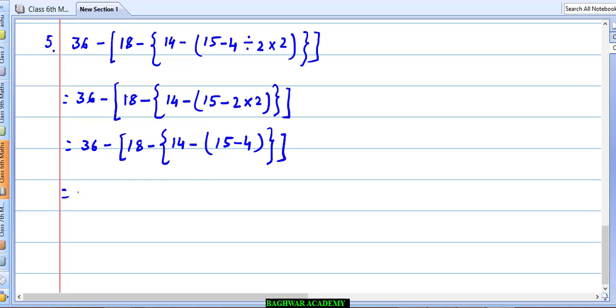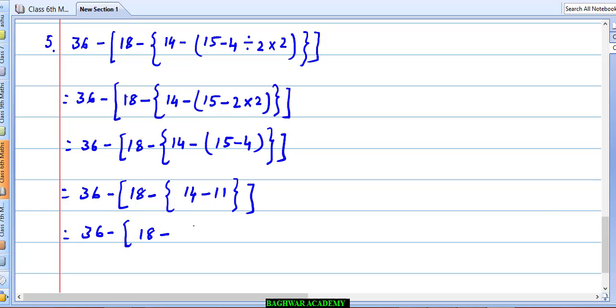Then in next step we will write 36 minus 18 minus 14 minus 15 minus 4 will be 11, and then 36 minus 18 minus 14 minus 11 is equal to 3, and then we will have 36 minus 18 minus 3 will be 15.